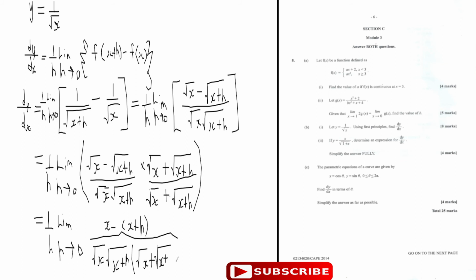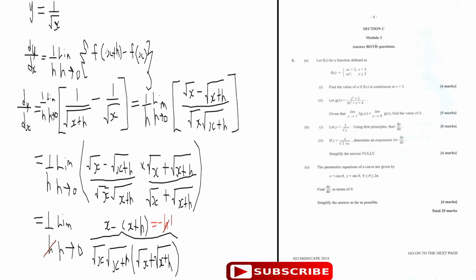Now the thing is, we're always trying to cancel this h right here. To cancel this h, what you realize is that this part in the numerator simplifies to x minus x plus h, so the x's cancel. So the numerator works out to just be minus h. Now we always want to cancel this h. This 1 over h, this h cancels this h. So you end up left with minus 1 over this.